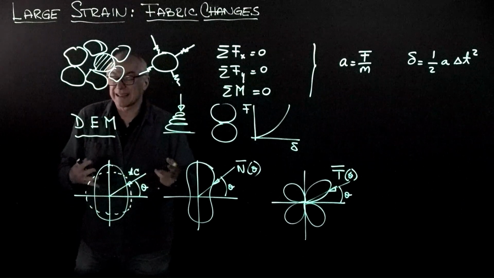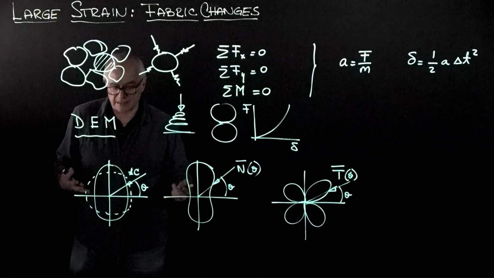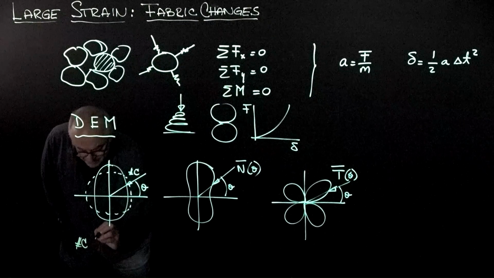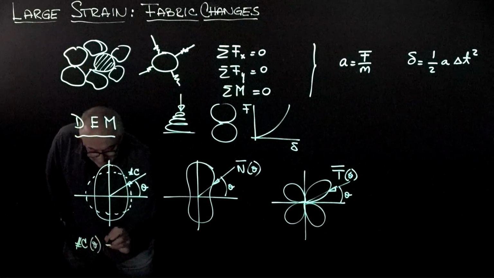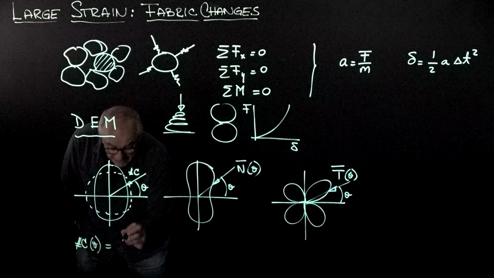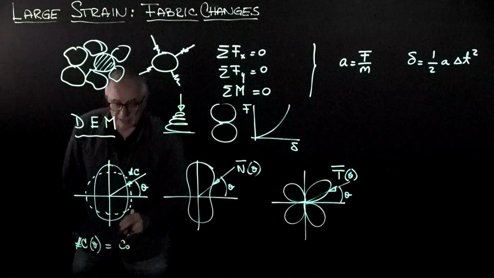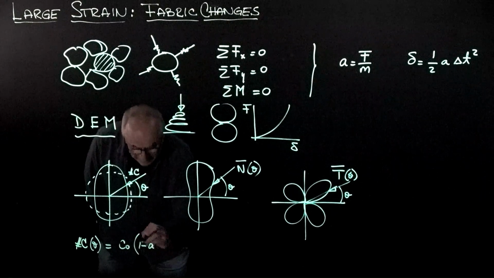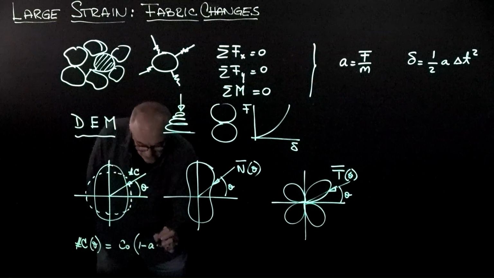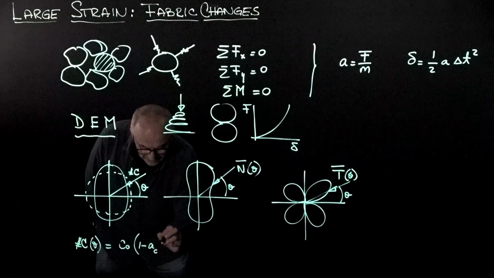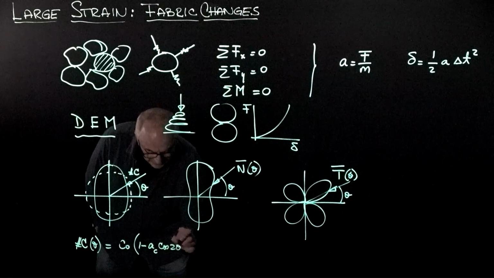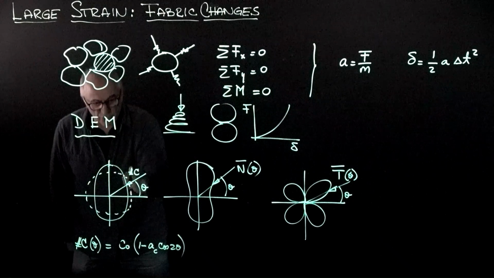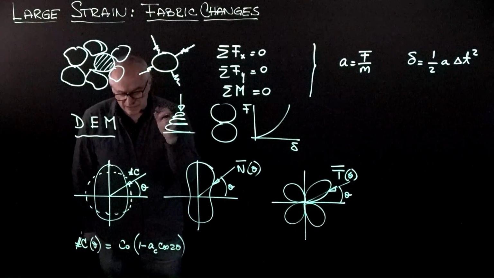So I can approach it as a Fourier series in this polar plot, and I'm going to say that the number of contacts in direction theta is equal to a mean number of contacts, which is the radius of the circle, times 1 minus the amplitude of this oscillation, the amplitude for contacts, times cosine 2 theta. It has periodicity 2 theta because you see we have 2 complete cycles of cosine.